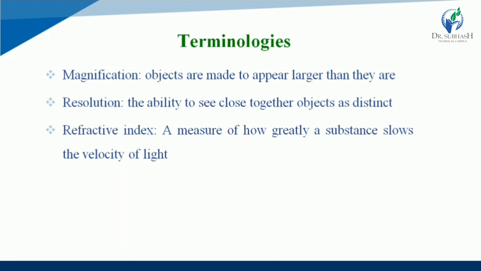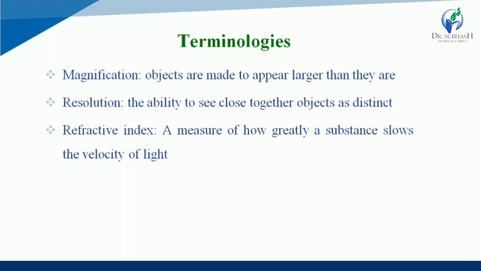So exactly, magnification means objects that are made to appear larger, seen larger than actually they are. So magnification is a simple measure of potential or possibility to visualize an object better than with the naked eye.